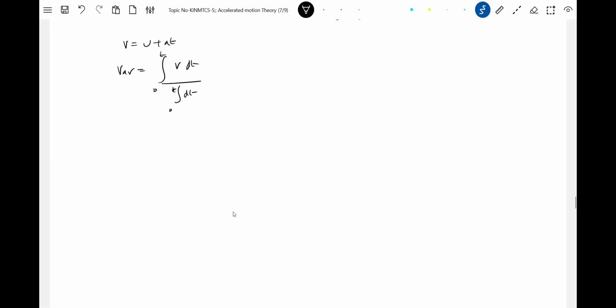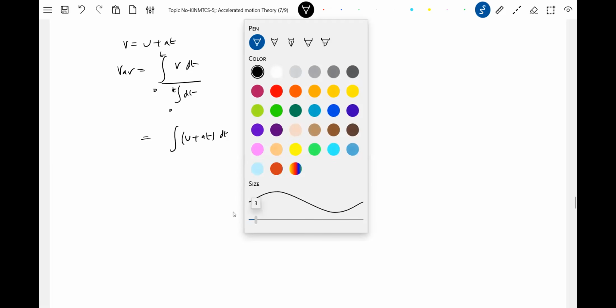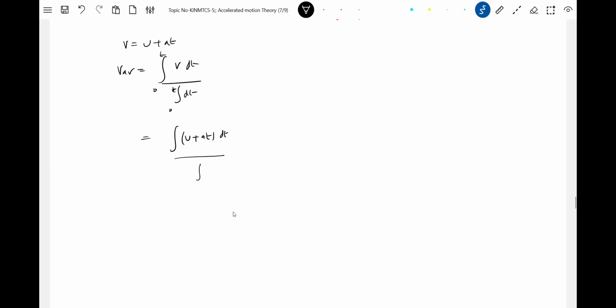This you substitute here: U plus AT. Further we will simplify that. This will become integral of U dt plus A T dt. This is the initial velocity, no? Sorry, the limits are 0 to T.